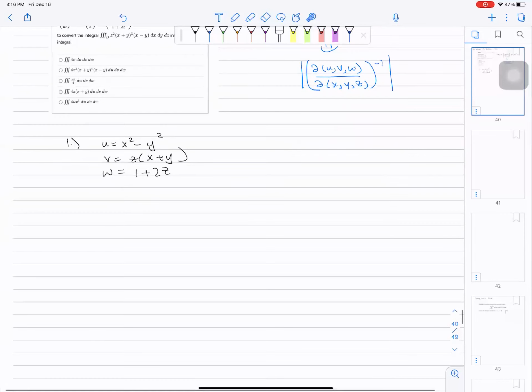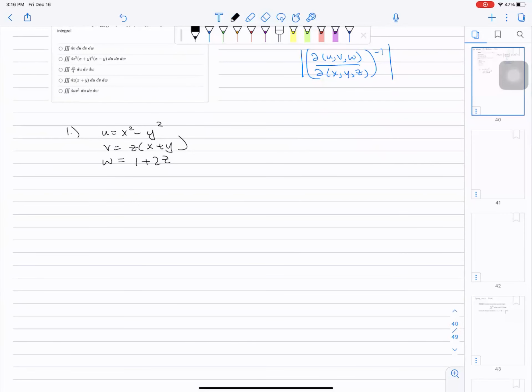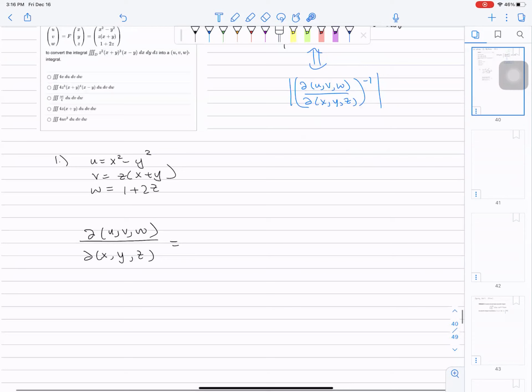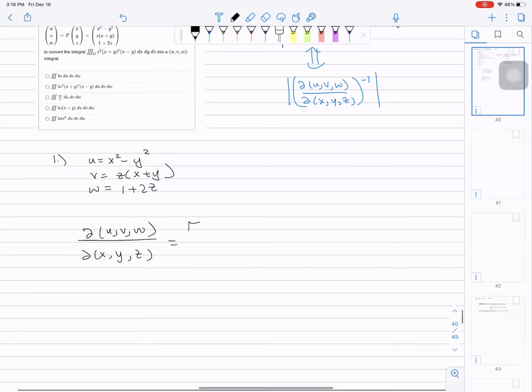Okay, so what is the partial of u, v, w with respect to x, y, z? Remember, the outputs correspond to rows, inputs correspond to columns. So I look at my first output, x squared minus y squared. I take the partial with respect to x, that gives me 2x.